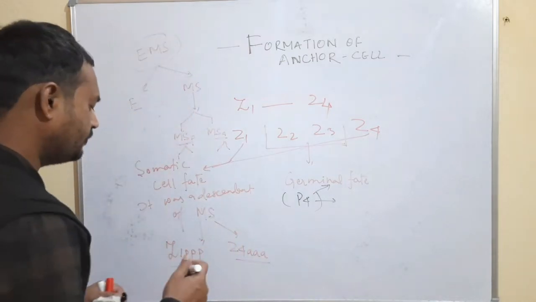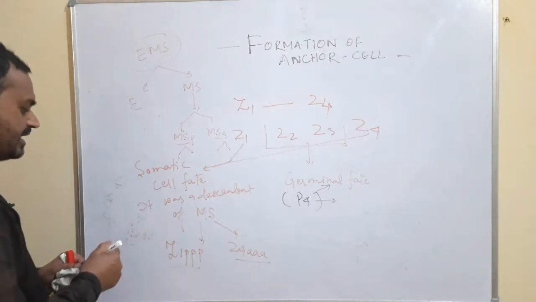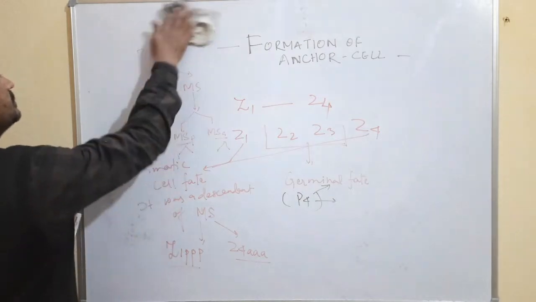So we will proceed with these 2 cells, Z1.ppp and Z4.aaaa.